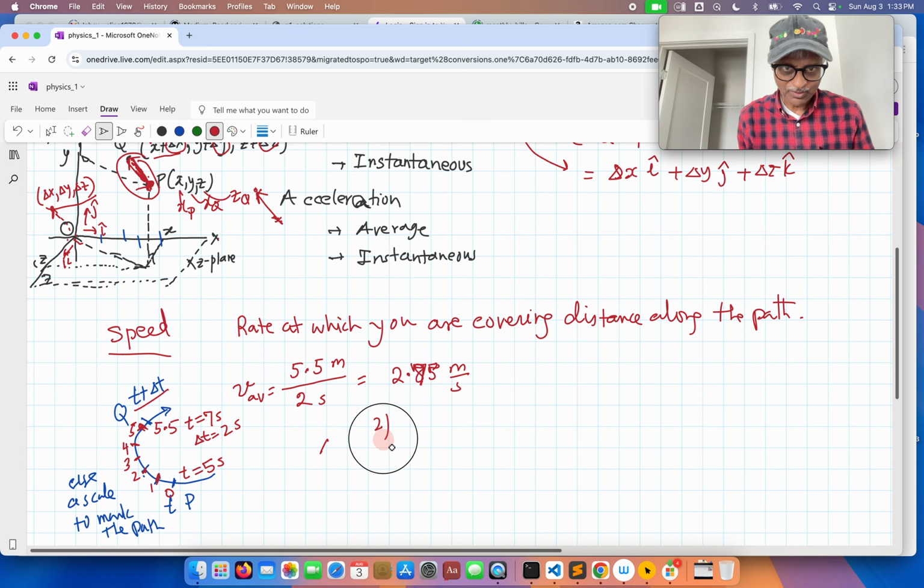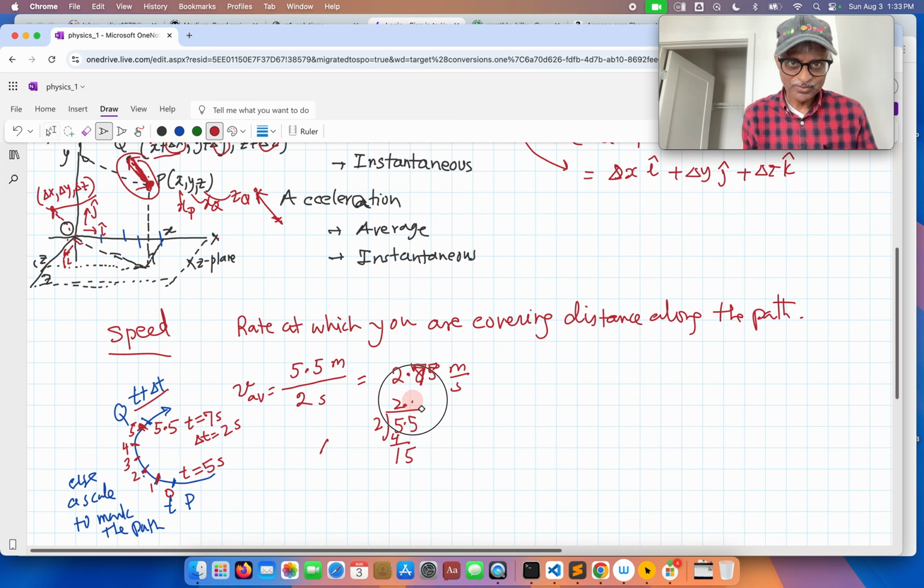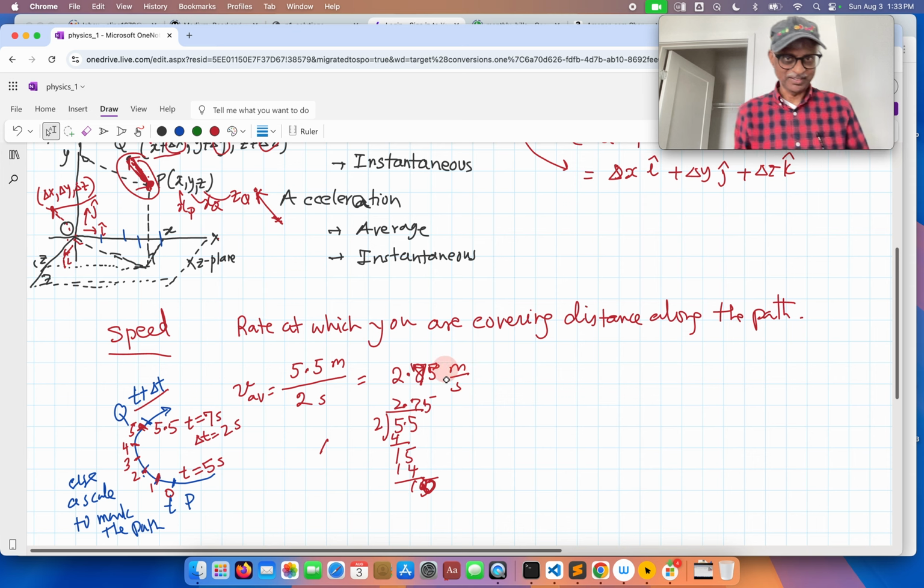So 2, I have to go back to really, yeah, 2.75. I have to have 2.75. 2.75, that's correct. Okay. So this is going to be the speed.